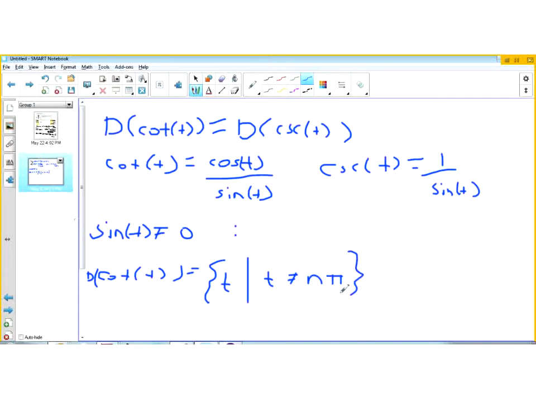All right, so that's the domain of this function. So now we have the domains of all the trigonometric functions. Okay, so now how about the signs? Not sine, but the signs of the trigonometric functions.